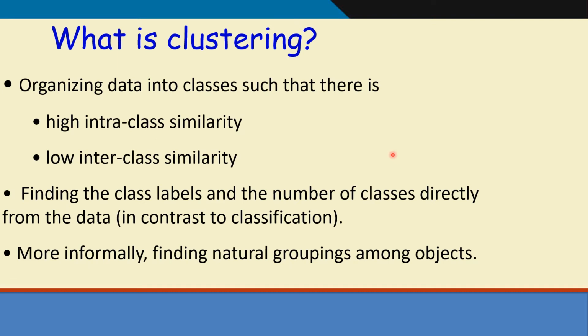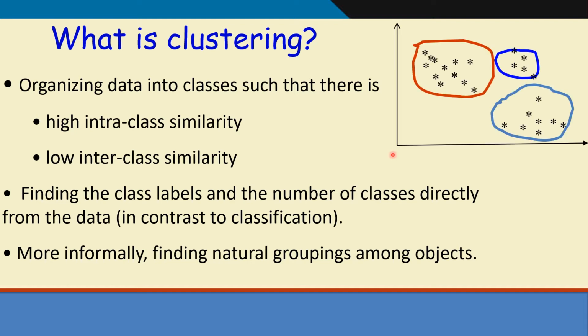What is clustering? Clustering is organizing data into classes such that there is high intra-class similarity. Intra-class similarity means that inside a particular group, the two points should be similar.